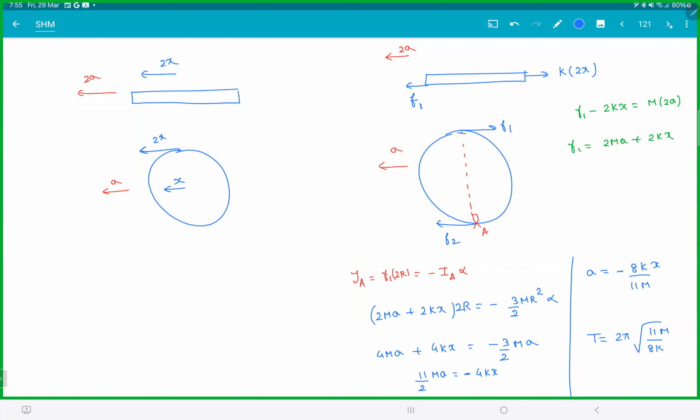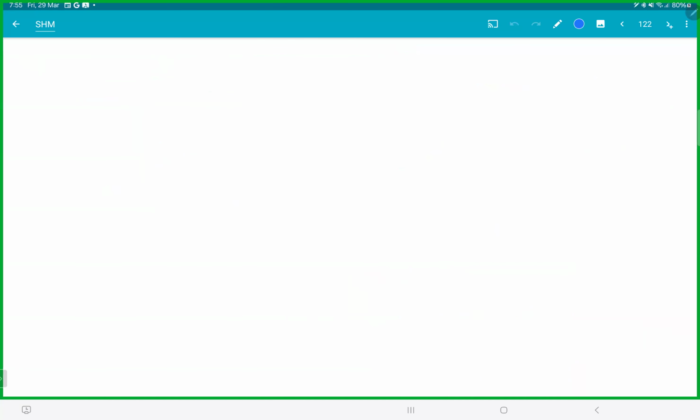Clear, everyone? Try this as a homework problem. This is a good one.